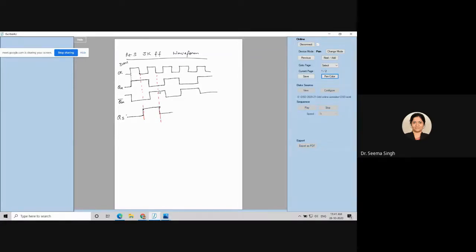So this is how, with one clock cycle or half clock cycle delay, your slave will follow the master. Now you can see in this circuit, again you will get a mirror image of QS bar as QS. So nothing much to worry with this. You can simply draw it.